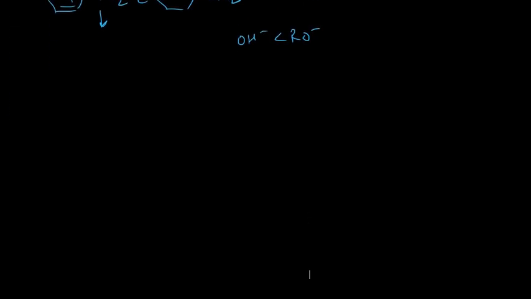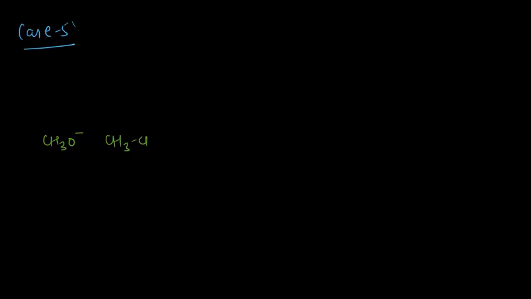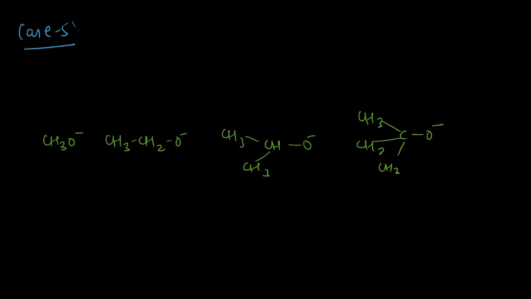And we talk about case 5. As acidic strength, if we compare between the alkoxides A, B, C, D, moving from left to right, the basic strength is increasing because the acidic strength is decreasing due to the more plus I effect.